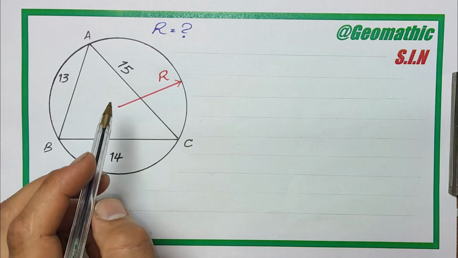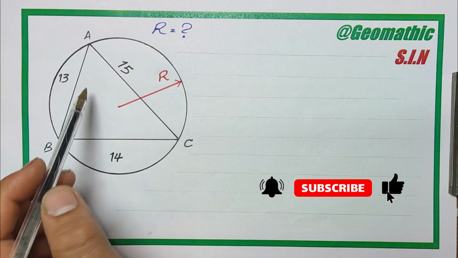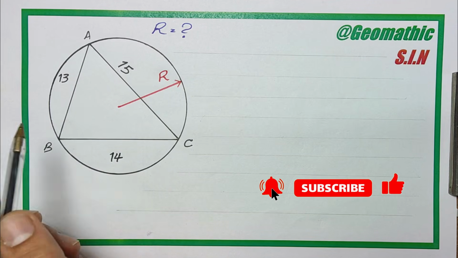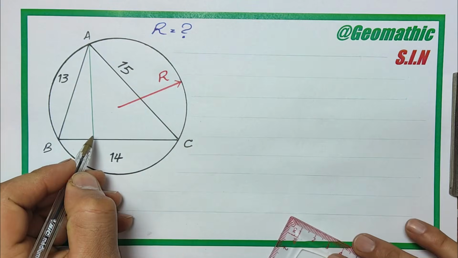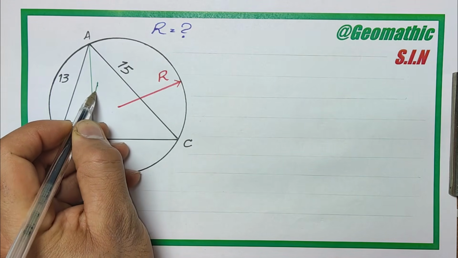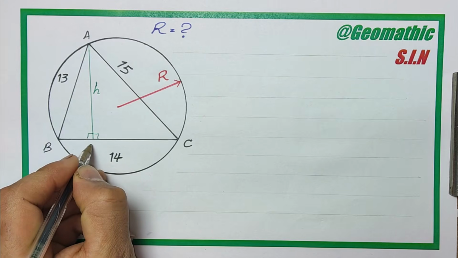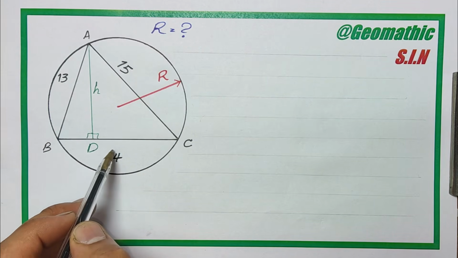For me, the easiest way is to drop a perpendicular from point A straight down to side BC. Let's do that. Let's name this H and this point as D. The length of side BC is 14.